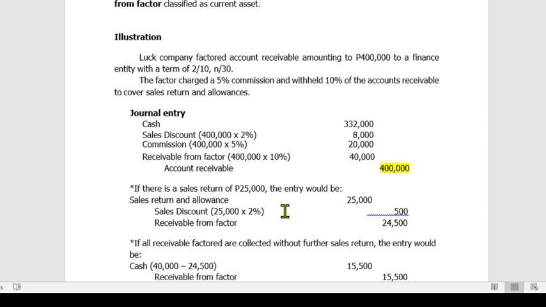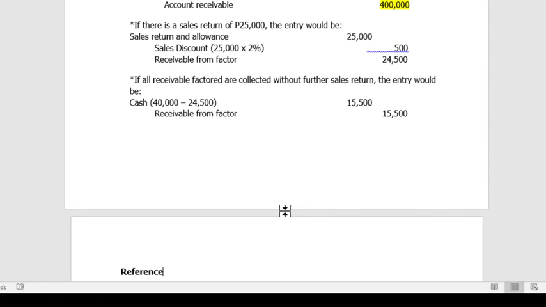So, bawasan mo 25,000 times 2%. Receivable from factor, bawasan mo ang iyong receivable from factor ng 24,500, kasi hindi mo na yan marereceive kay factor kasi nga may nagsoli.